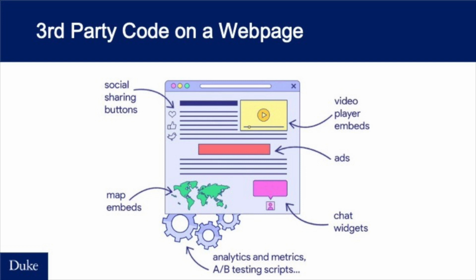Take a look at this diagram. You can see that third-party code can be anything from analytics running in the background to chat widgets, ads, embedded video players. All these functions make it easier and cheaper for a company to purchase and then embed into their website, as opposed to taking time to write the code themselves.